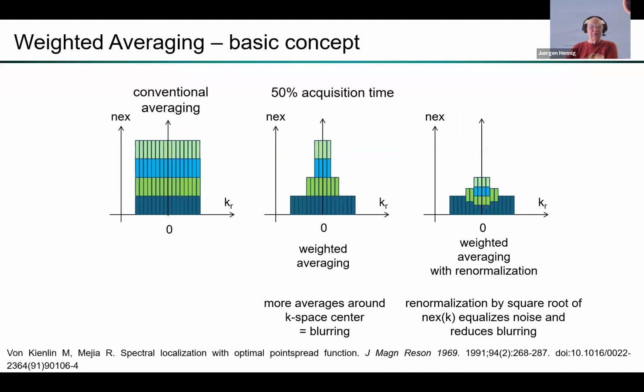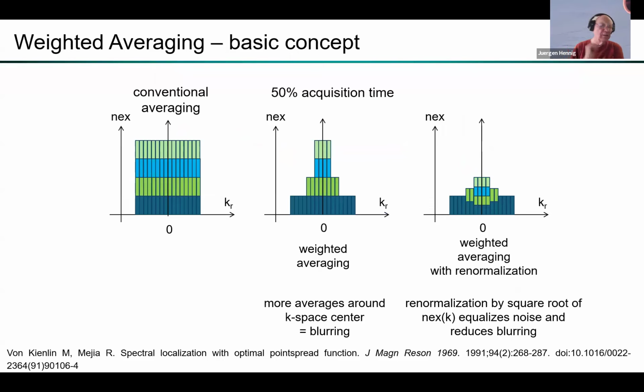So let's come to some of the special modes, and the first one I'd like to discuss is weighted averaging. This is actually something which has been published by Markus von Kienlin for phosphorus chemical shift imaging, where you are plagued with very low signal to noise.